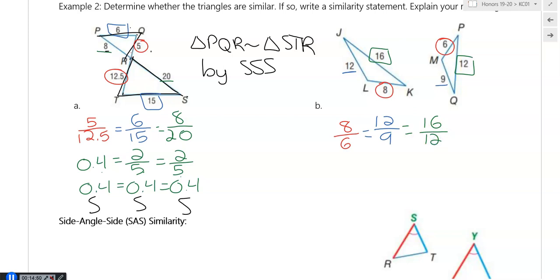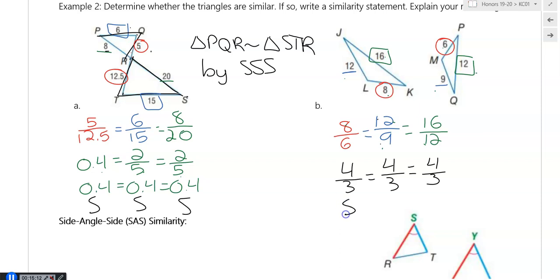Being very careful that everything on top comes from the same triangle and everything on bottom comes from the same triangle. When I reduce these, 8 over 6 is 4/3, 12 over 9 is 4/3, and 16 over 12 is 4/3. You can use a calculator to verify that.